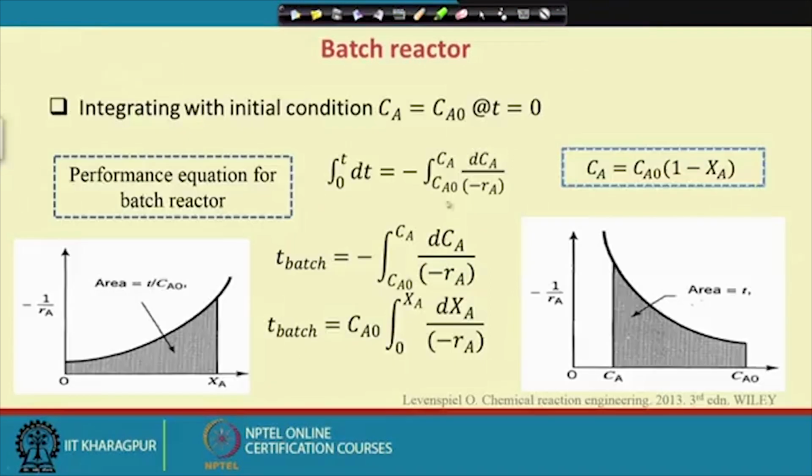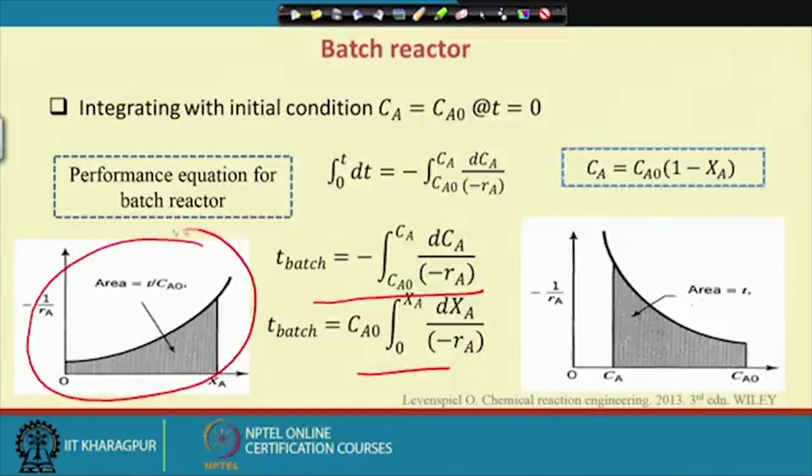Now, this is exactly what I have done previously. This is how we can find out, and if your correlation is like this, then this is from C A 0 to C A, and I told you C A equals what? C A 0 into 1 minus X A. So, with respect to X A also you can do that.